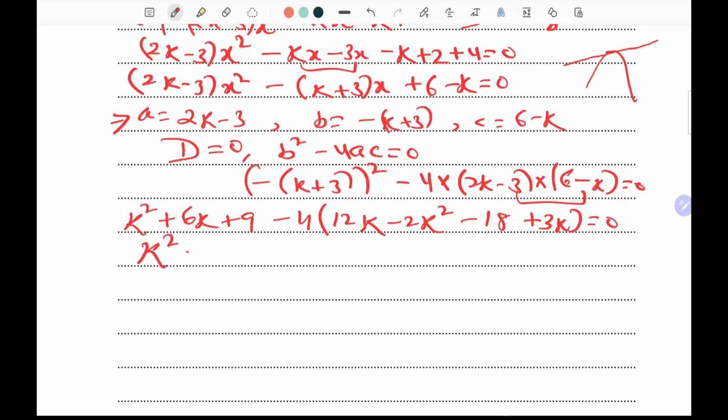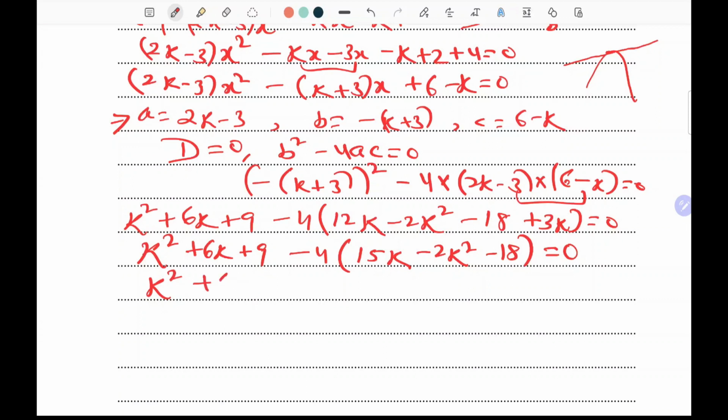Now this is k squared, 6k, 9, minus 4. I can write 12k plus 3k, that's 15k, and minus 2k squared, minus 18 equals 0.